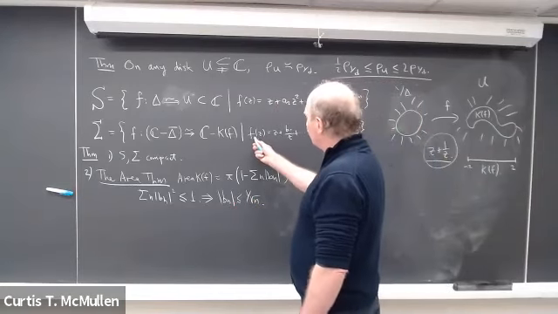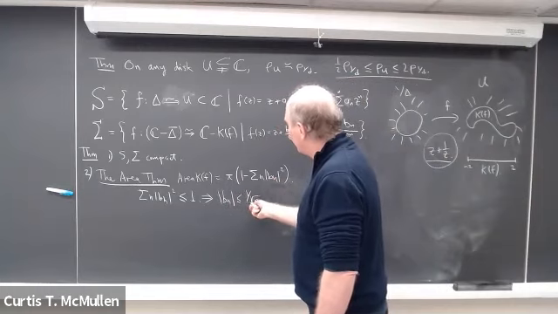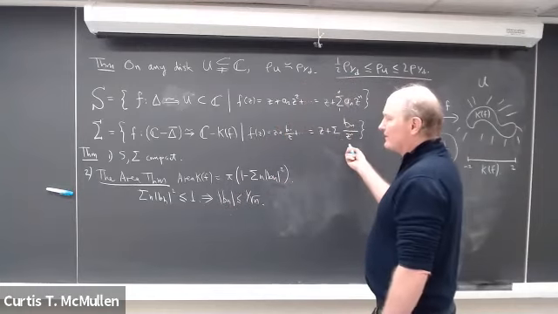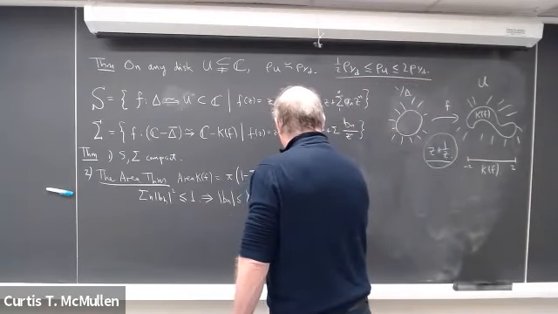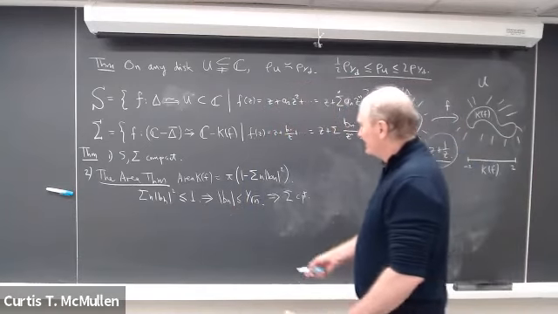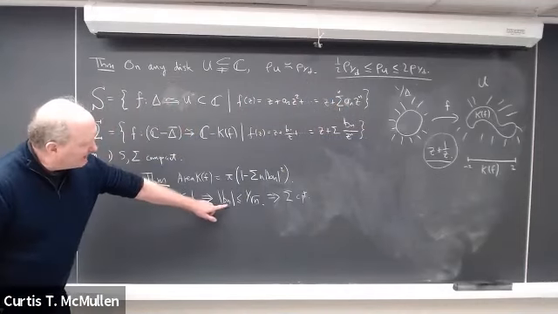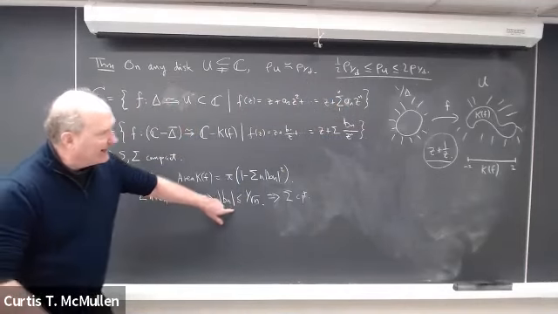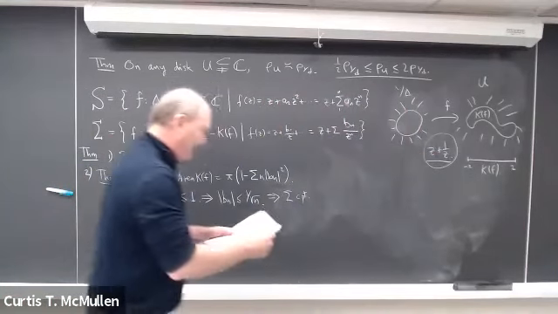So any sequence here has a subsequence where the bn's converge because they're bounded, and then that sequence converges uniformly on compact sets. So this is enough to imply already that sigma is compact. And of course, it gives individual bounds on all of the bn's. In particular, b1 is bounded by 1, and we saw that the extremal map is this one here that squishes all the area away.